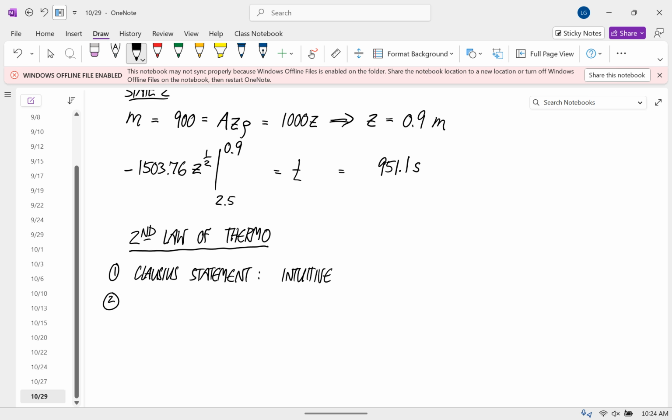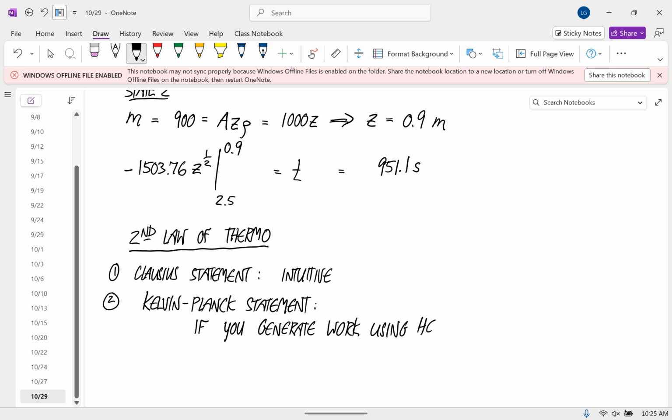The second one is the Kelvin-Planck statement, and that says if you generate work using a heat engine, some energy is always lost in exhaust. That rhymes.